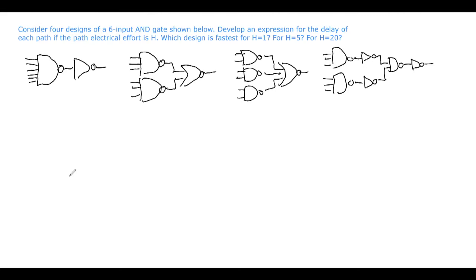In the first design here, let's call this one design A, this one B, this one design C, this one design D. What do we have? We have a 6-input NAND gate and an inverter that will realize the 6-input AND operation.